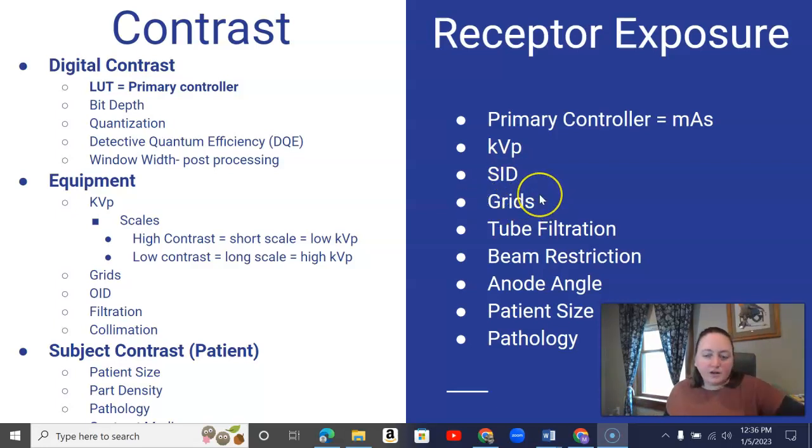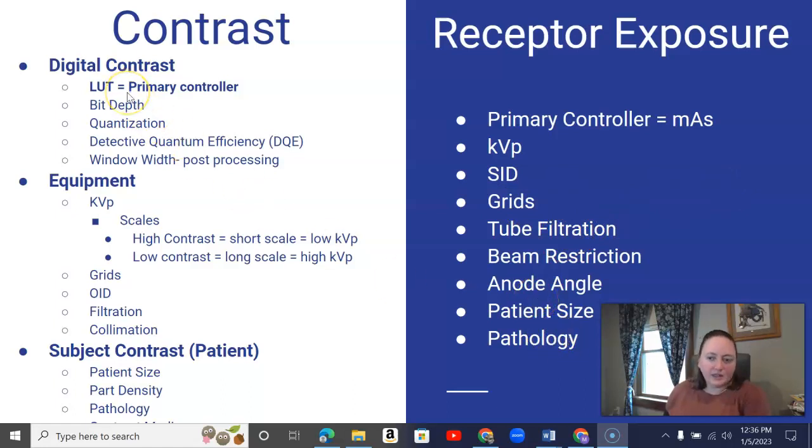Grids are going to absorb part of that beam for us. So they're a little bit of a blocker, or sometimes I call them a bouncer. They take care of the riffraff. So anything that's going to remove part of your beam and make it less in numbers will decrease your receptor exposure. Okay. Patient size and pathology could also come into play.